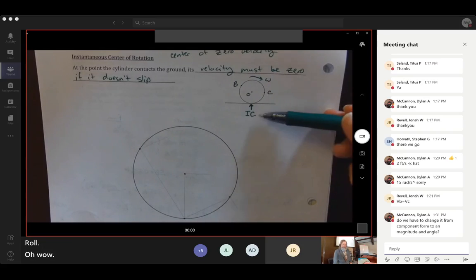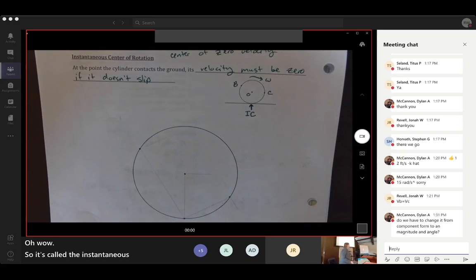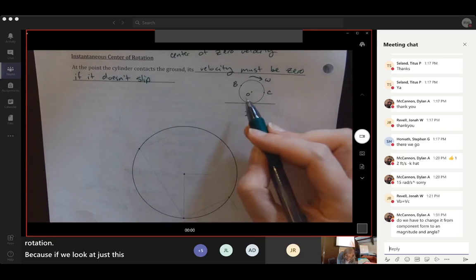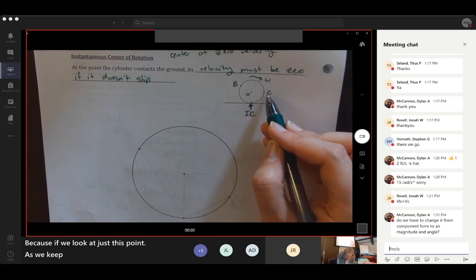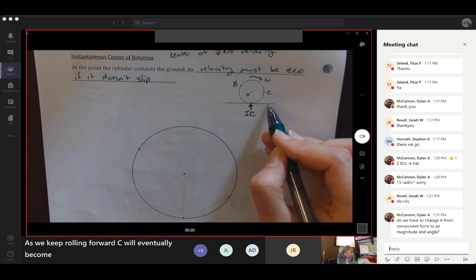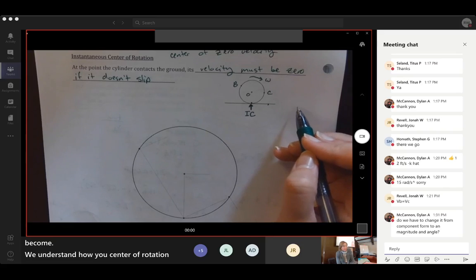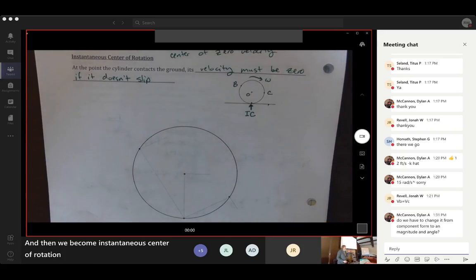It's called the instantaneous center of rotation because as we keep rolling forward, C will eventually become the instantaneous center of rotation, and then B will become the instantaneous center of rotation. And so it's just for that instant that the velocity is 0 at that point.